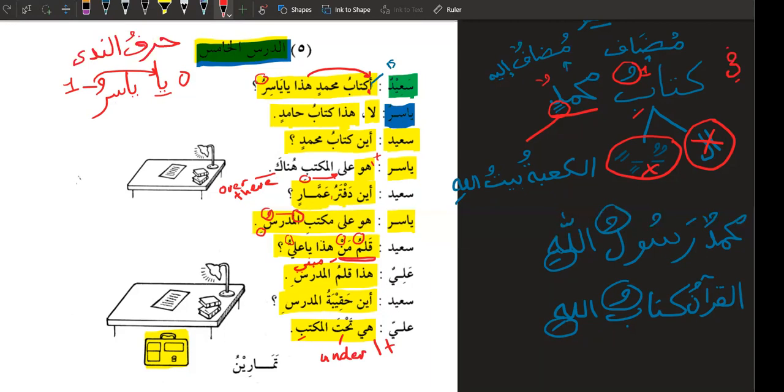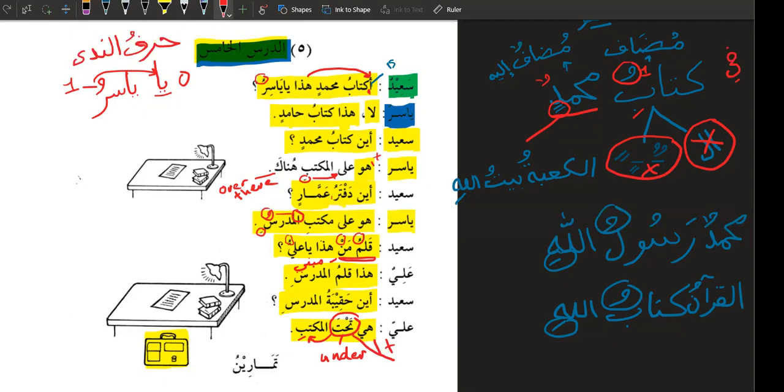Why does Maktab have a kasra? Because there is no fi, ala, ila, min. And obviously this word, tahta, has caused it to take a kasra. Why? Because we call this dharf makan. In English, it will still be a preposition.